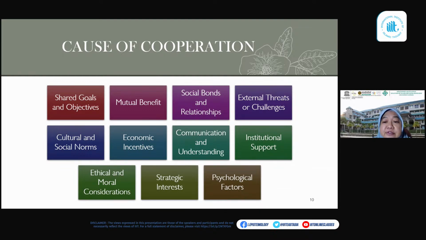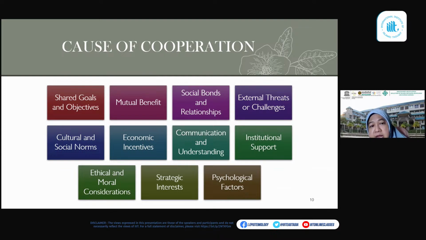Economic incentive can be cost saving and profit sharing, which can also drive cooperation. For example, companies collaborating on research and development to reduce costs and share technological advancement. The next cause is communication and understanding, having effective communication between groups through regular meetings and clear communication channels to coordinate their effort.